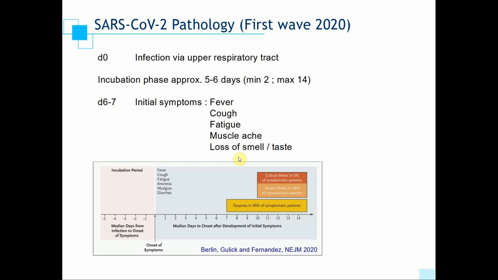Either you feel bad for a few days and then it gets better without really needing to go and seek medical attention, or things will get progressively worse. Okay, and then after about a week of these first symptoms, the people who have a severe form have difficulty breathing, and then people who have a really severe form will find that they'll need to be hospitalized, they'll need oxygen, and then at the end can even die.